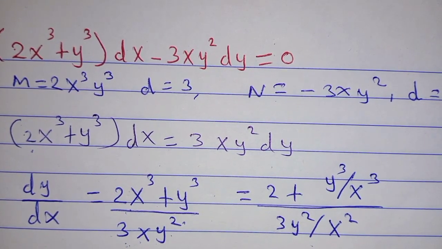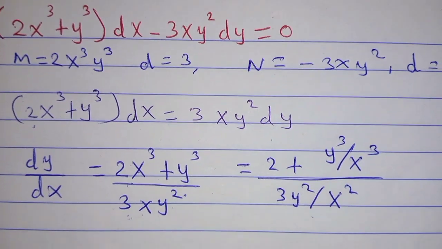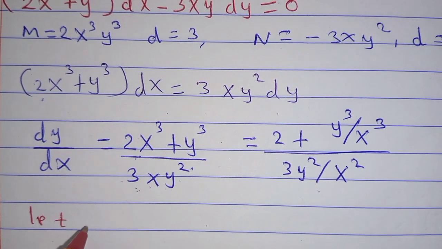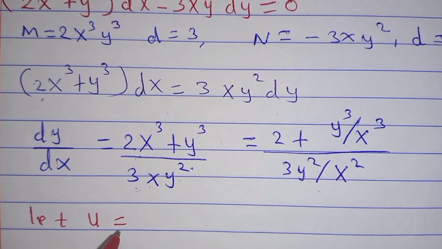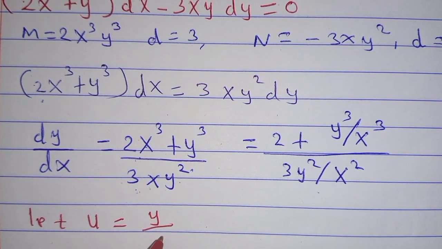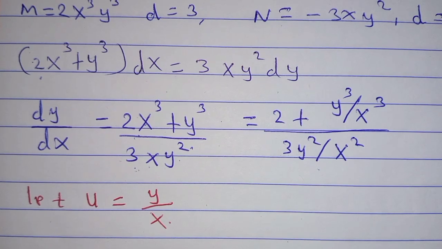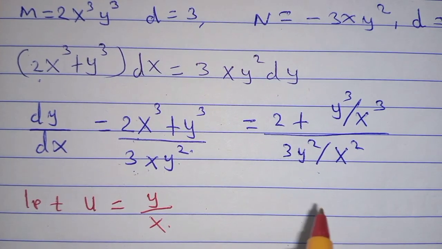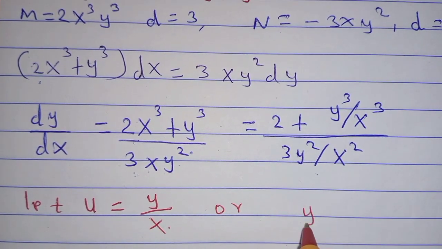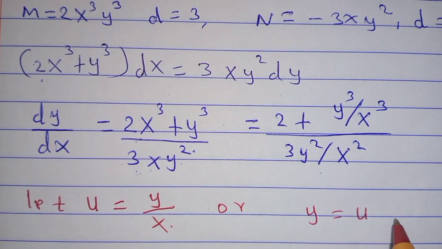Now the next thing we are going to do, we are going to let our u be equal to y divided by x, meaning that from here our y is equal to ux.